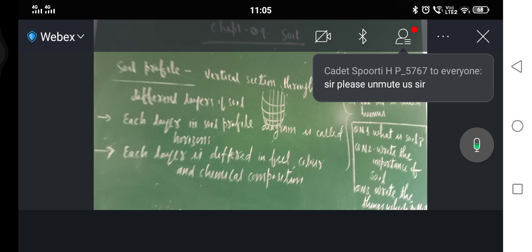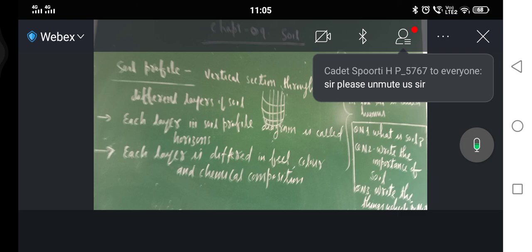The first question: what do you mean by layers of soil? Next one is, name the different layers of soil.